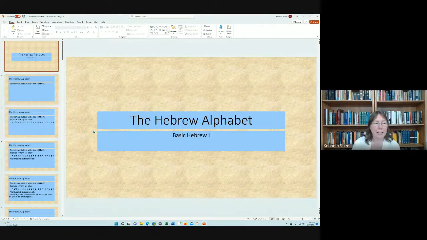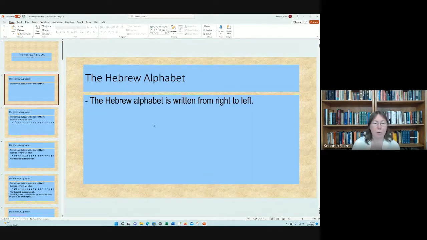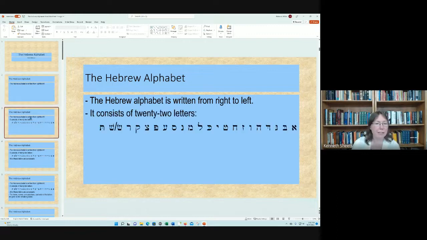So just as a little bit of a review, again, the Hebrew alphabet is written from right to left, and it consists of 22 letters, those 22 letters being Aleph, Beth, Gimel, Dalet, Hey, Wow, Zion, Chet, Teth, Yod, Kaf, Lamed, Mem, Nun, Samek, Ayin, Pei, Sade, Kof, Resh, Sin, Shin, and Tau.